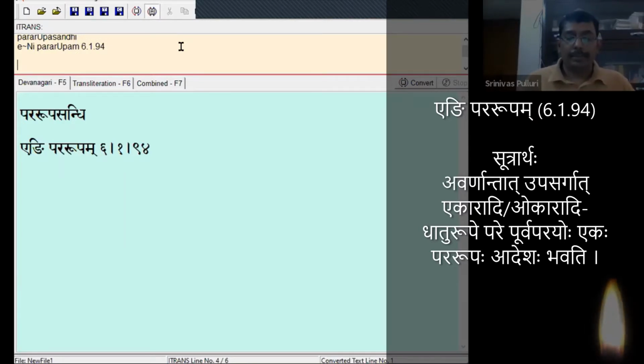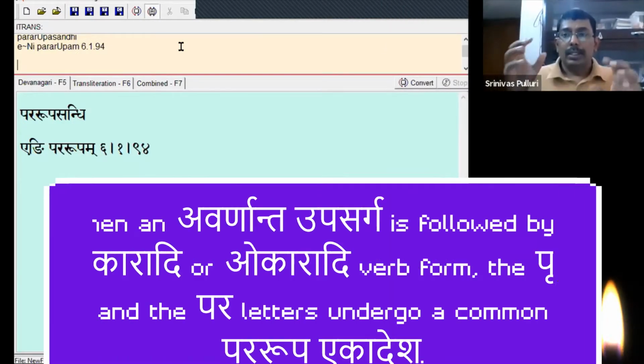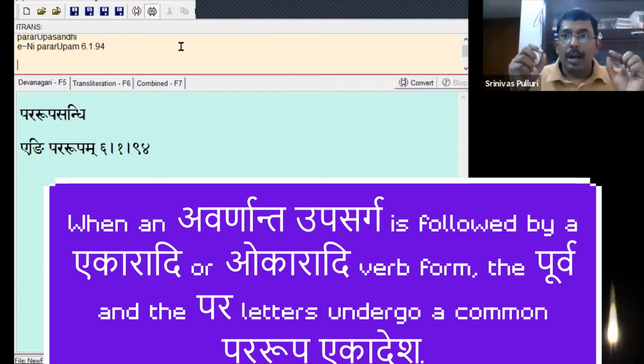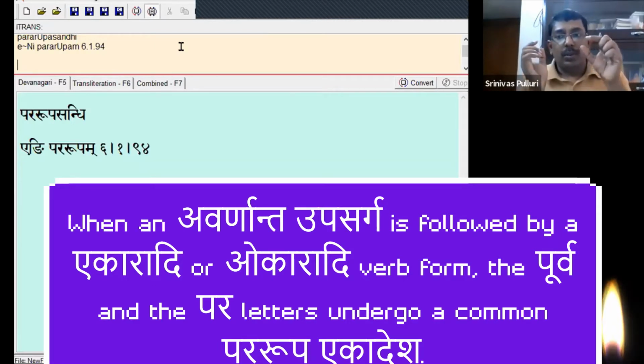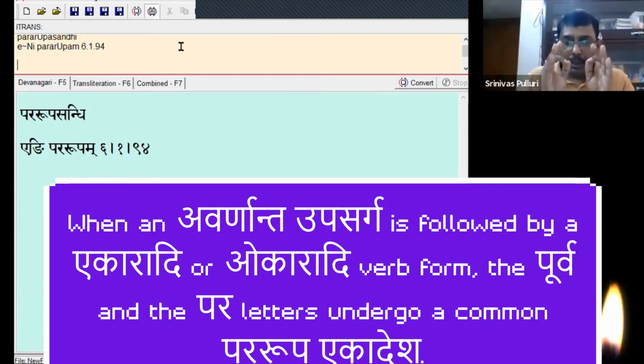So, an example. See, the first word's last letter and the second word's first letter. When we say sandhi, these are the two things that come. Now in this sutra, the first word's last letter and the second word's first letter come together.